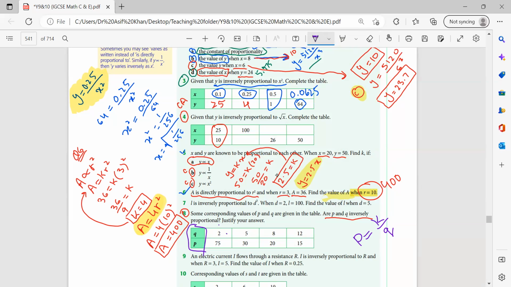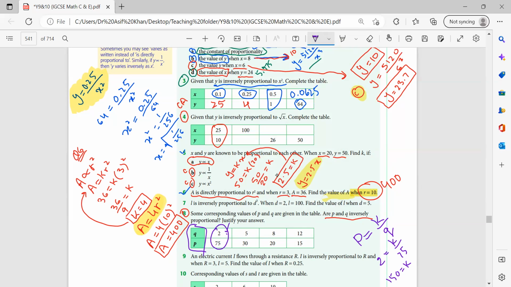For the first part, if you put P is equal to 2 and Q is equal to 75, multiplying 75 two times, K is equal to 150.